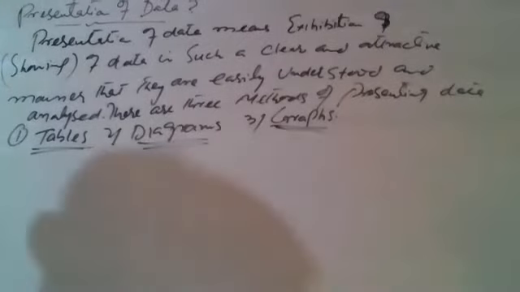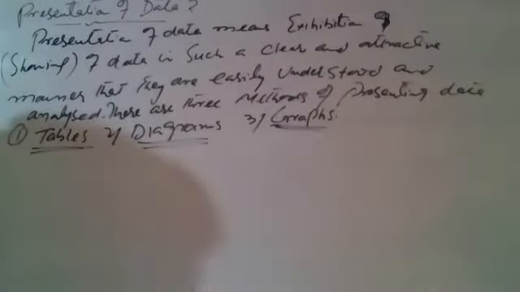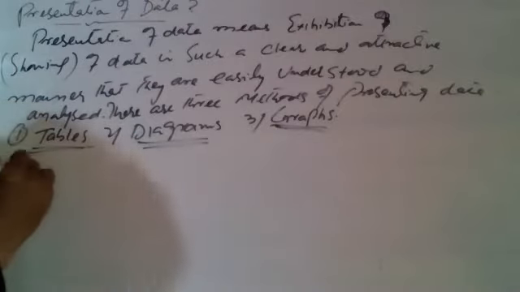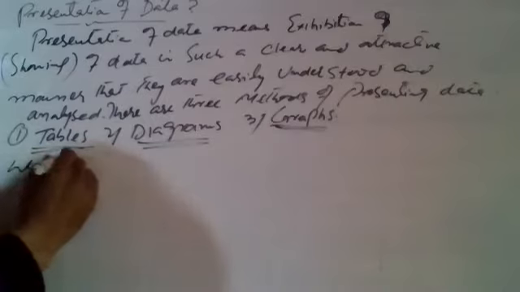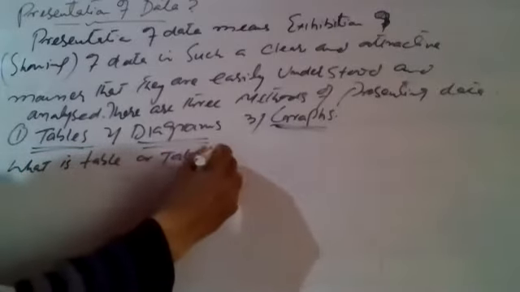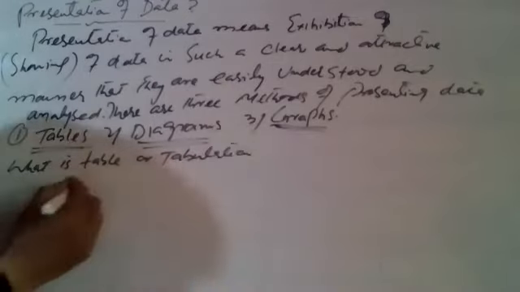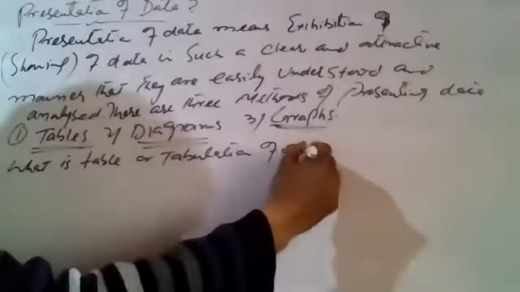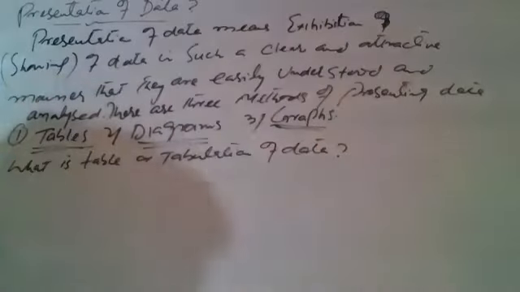So first of all, we will take the tabulation of data. What is a table or tabulation of data? A table is a systematic arrangement of data.